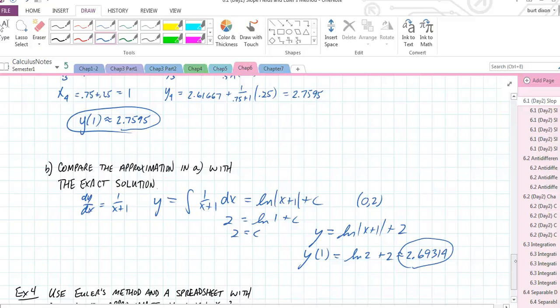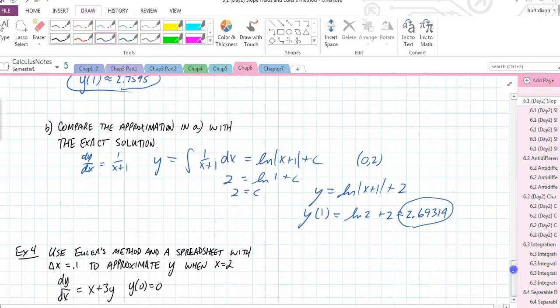Instead of doing it 4 times like we did here, with a delta x of 0.1 you'd have to start with x0, y0, and keep going until you got to x sub 10, y sub 10. That would take 10 steps to get an approximation.